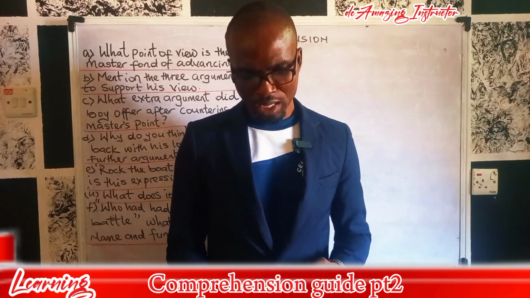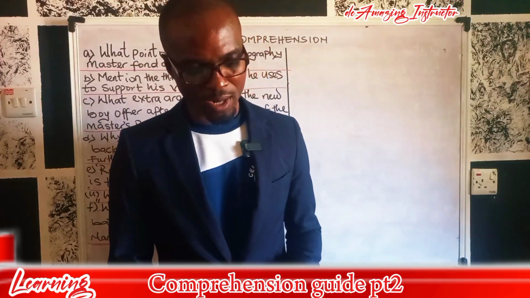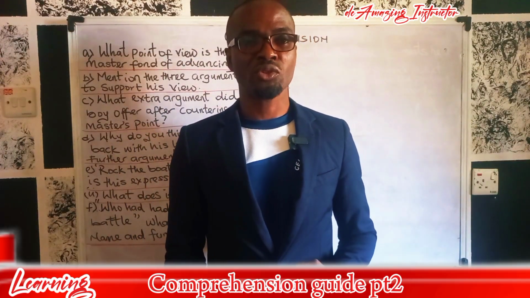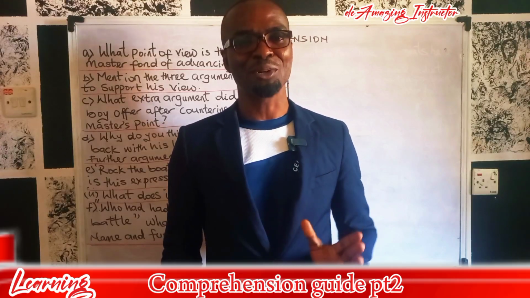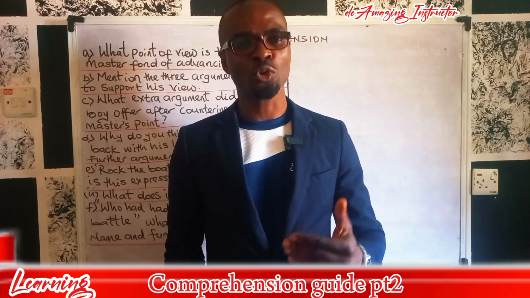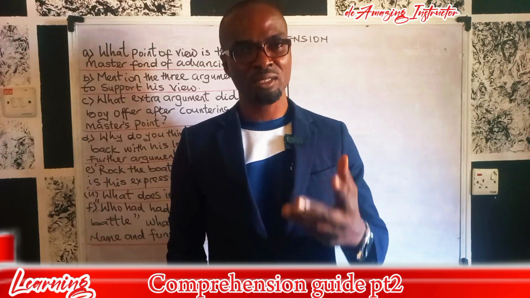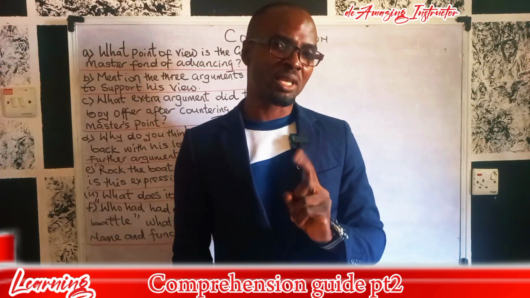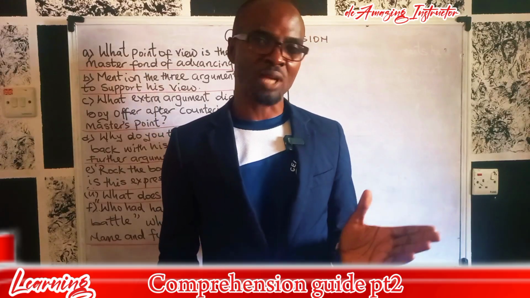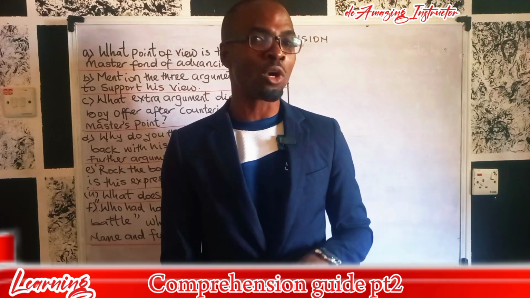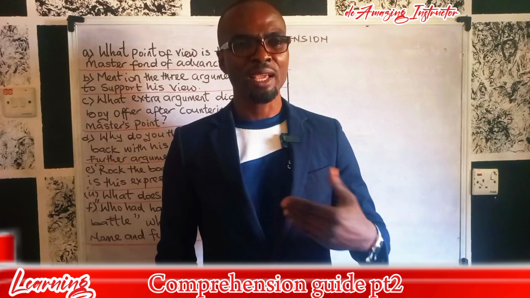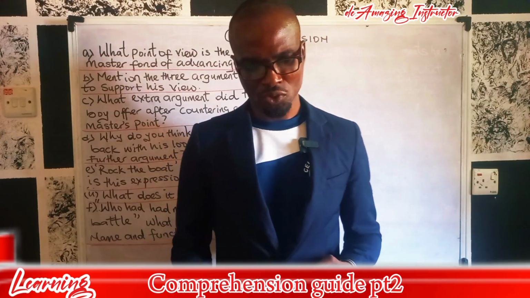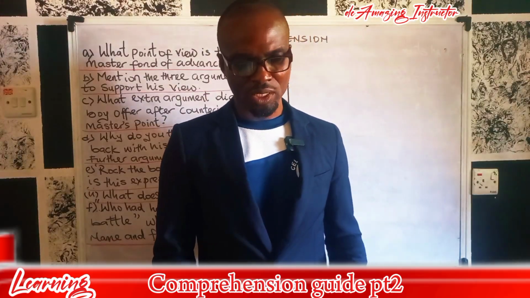It's going to be simple, and I want you to take note of every detail and the steps we take in answering the questions that follow. But the first thing is to have an understanding of what the entire passage is all about. So once we are done with the reading, we try to interpret the passage, and then we go into our questions. Now, the first thing we do is to read.